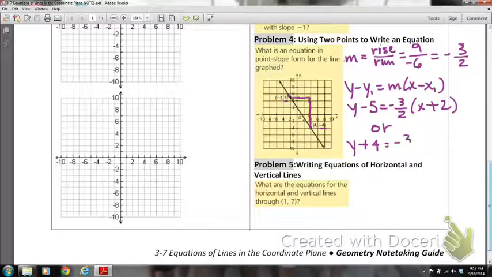Still the same slope of a negative 3/2. And then I would have used x equal to 4, so x minus 4. Both of those equations are valid equations for that line. And if you simplify those equations down to y equals mx plus b format, then you would have the exact same equation.